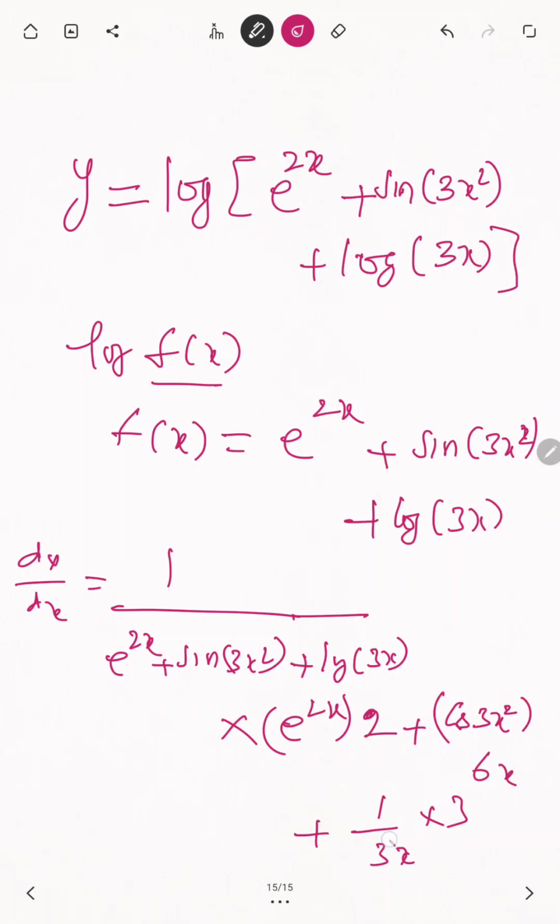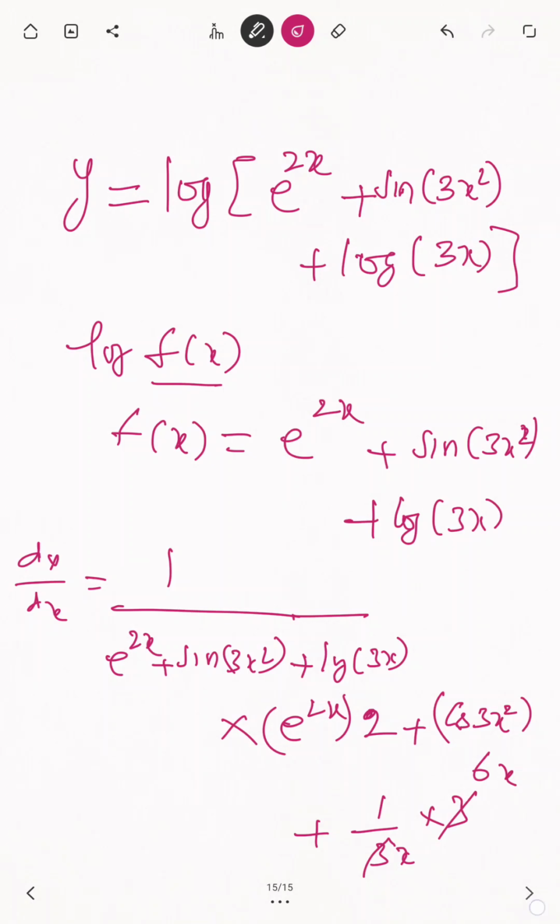This 3 and 3 get cancelled. Then what is the numerator part? What is the overall simplification? You tell. 2 into e power 2x plus cos 3x square into 6x.